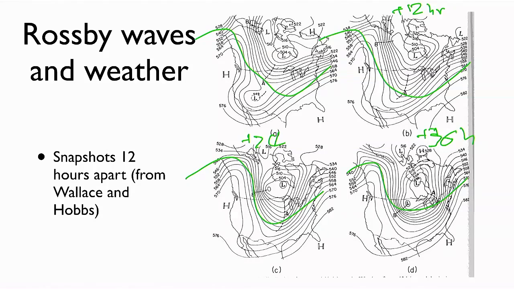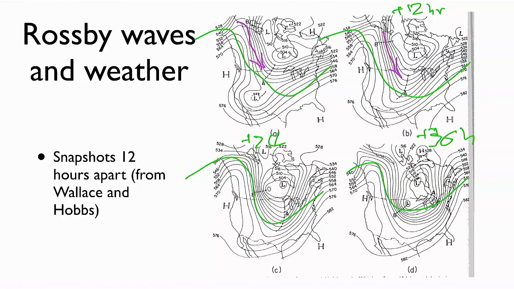Now remember, there's a big velocity along these constant height contours. This is 500 millibar height contours. And the velocity is parallel to those. So there's a jet going from west to east, a westerly jet. Now I've just told you that the phase velocity of all Rossby waves is to the west.